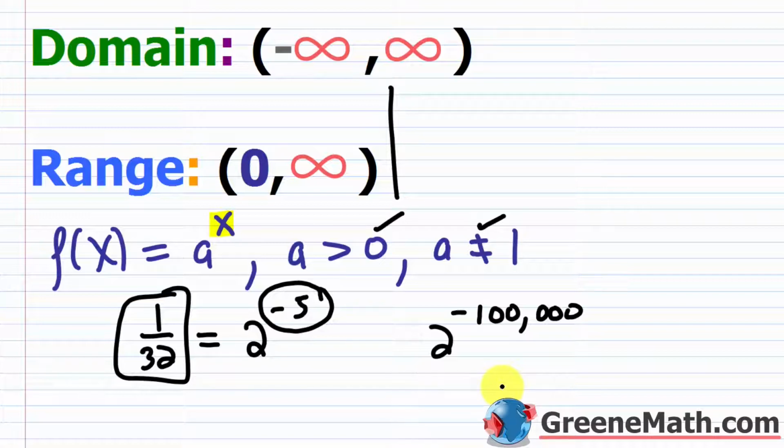So because of this fact, your y values in this function will approach 0, but they will never touch it, and so it forms a horizontal asymptote, okay, where y is 0, so at the x-axis. Now, if you have a problem where you have some shifting involved, this may change, okay? But generally speaking, if you get f of x equals just some number raised to the power of x, you're going to have the horizontal asymptote that occurs at the x-axis.